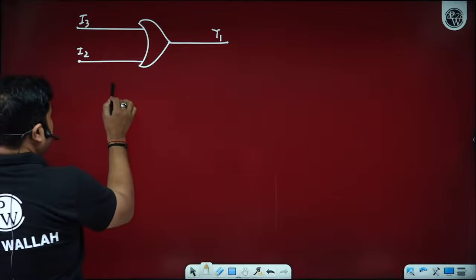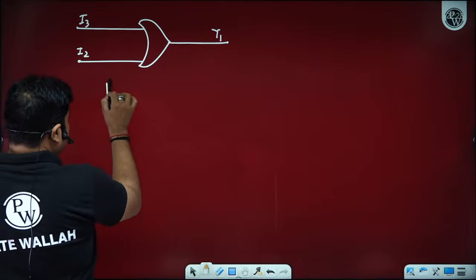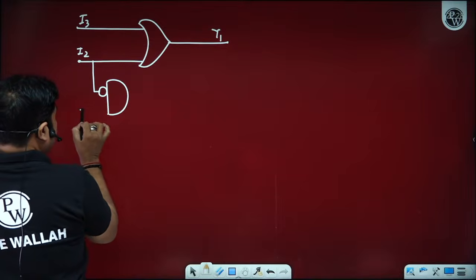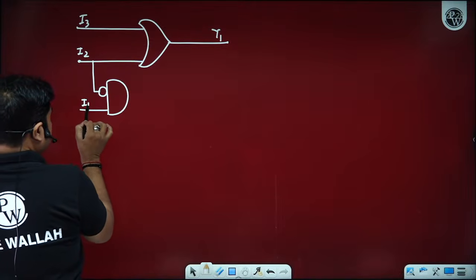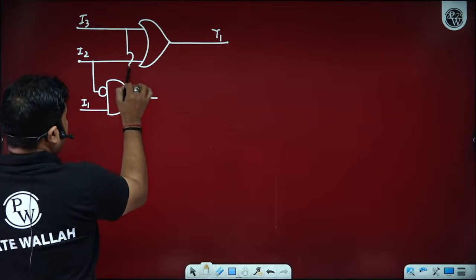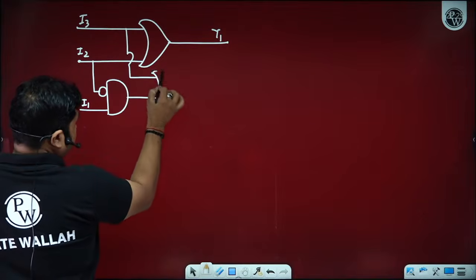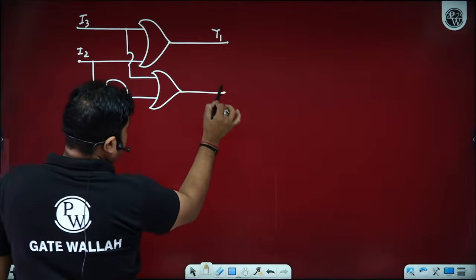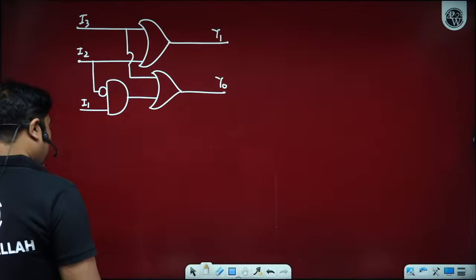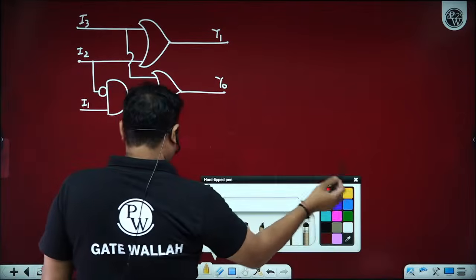So we need one AND gate with inputs I2 bar and I1, and its output goes to an OR gate with I3. Is it okay? And we have a valid output indicator as well.